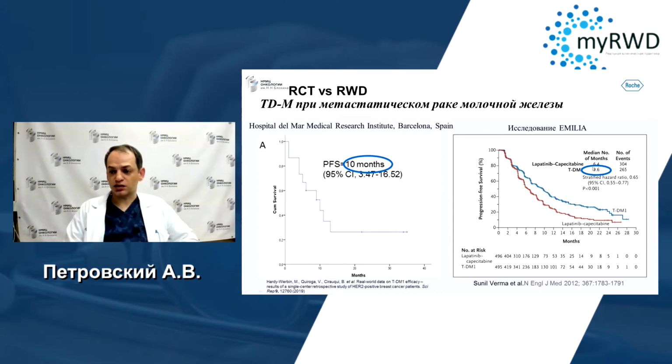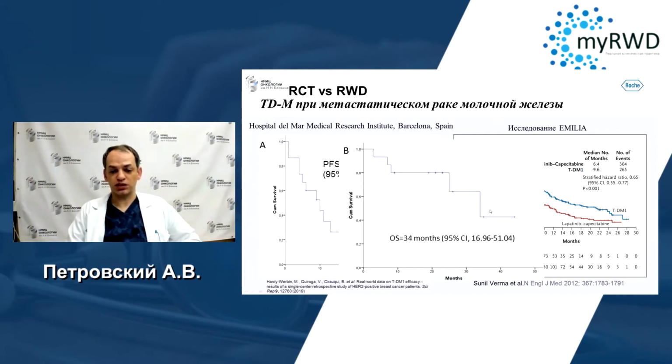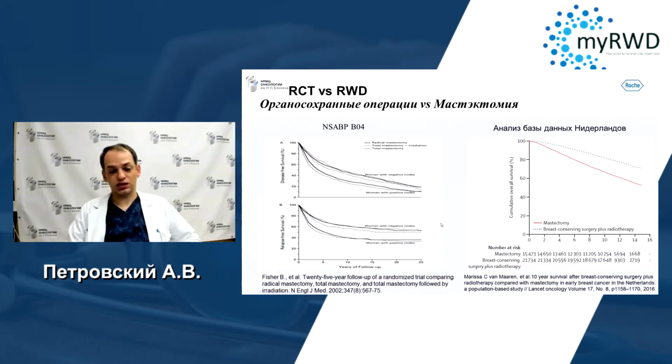In that study, the median progression-free survival was 9.5 months, but in real life, our Spanish colleagues analyzed their own data, and for them the same PFS parameter was just 10 months. So the same data, and later on it led to an increase of overall survival, with a median of 34 months. So in some cases, real-life results mismatch trial results.